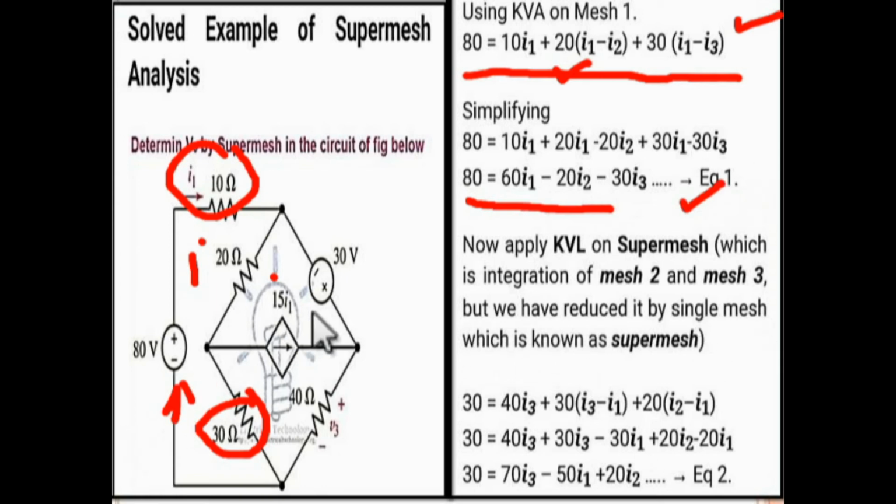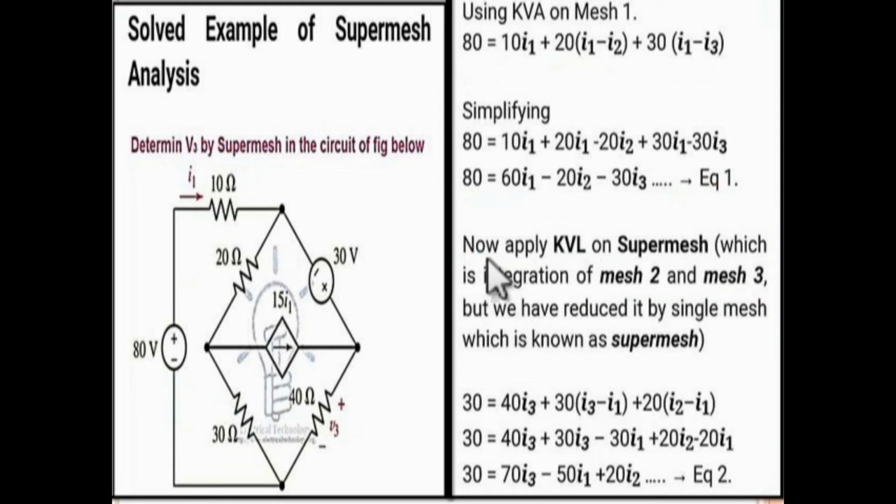Now guys, you have to write the combined equation. Apply KVL on the super mesh, which is the integration of mesh number 2 and mesh number 3. The combined equation will start from here, minus 30.